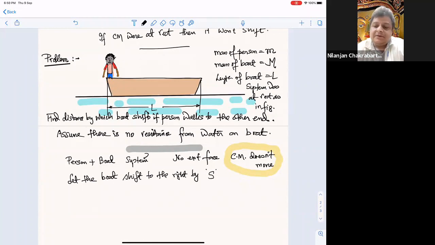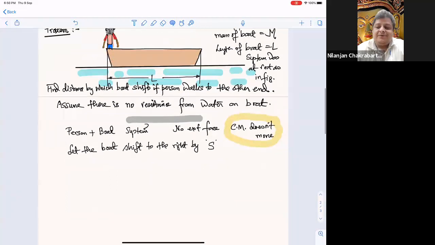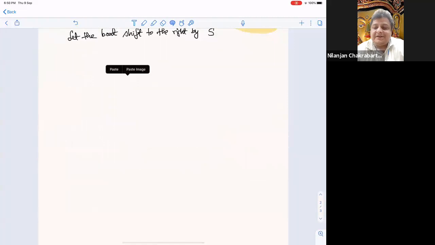But if I assume it towards the right, I will get a negative answer. So let the equations do the job. Why will I think? I will use the equation to do the job.